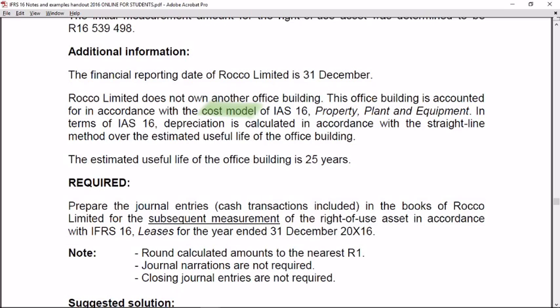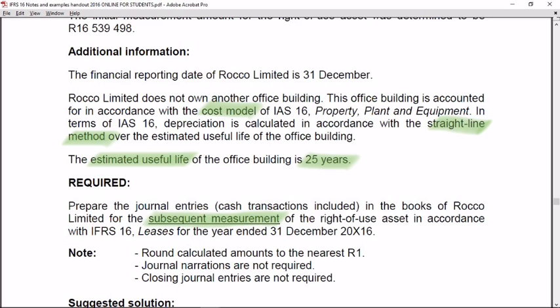In terms of IFRS 16, depreciation is calculated in accordance with the straight line method over the estimated useful life of the office building. The estimated useful life of the office building is 25 years. Let's prepare the journal entries in the books of Rocco Limited for the subsequent measurement of the right of use asset in accordance with IFRS 16.